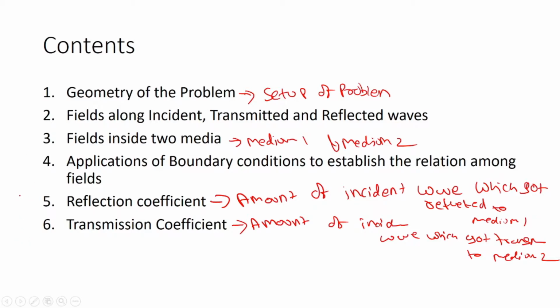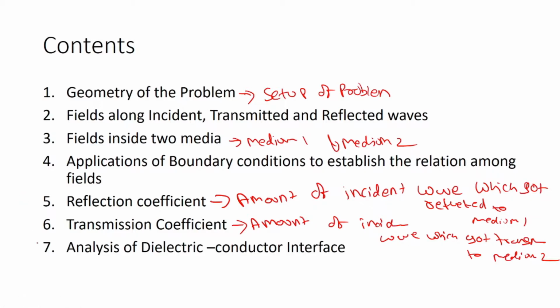Once we discuss all these, I would analyze a dielectric conductor interface. That is, I have a special discussion where medium 1 is dielectric and medium 2 is conductor. This is just an example scenario.